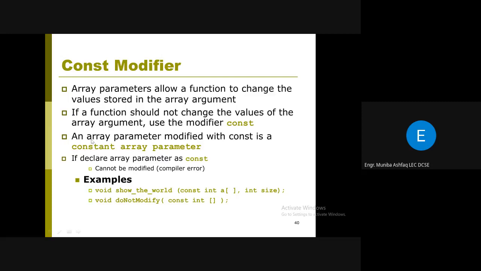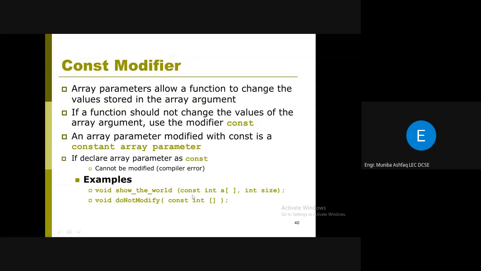keyword. An array parameter modified with const is a constant array parameter. An array parameter declared as const cannot be modified. Example, here you can see that in this parameter you have written const int array, right? Const int.